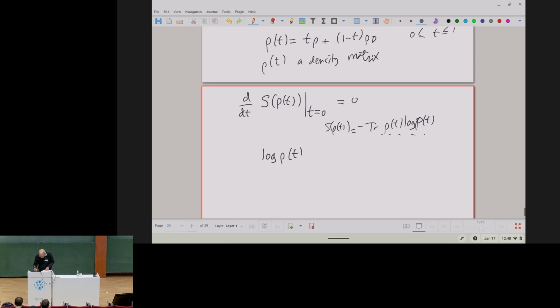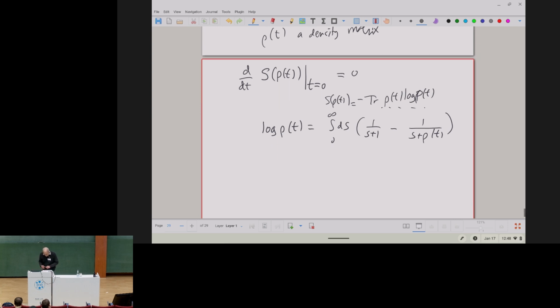We use the fact that the log of rho of t is the integral from 0 to infinity ds of 1 over s plus 1 minus 1 over s plus rho of t. This is true for numbers, so it's true for matrices. To prove it, you can diagonalize the matrix, and then it's true for each matrix element, so it's true for the matrix. So, this fact makes it easier to differentiate log rho of t.